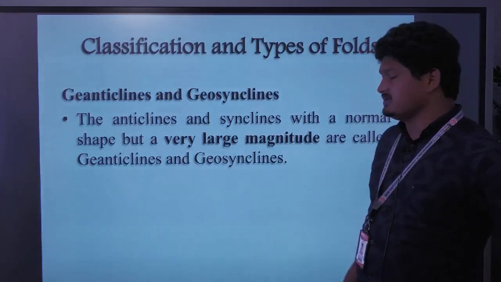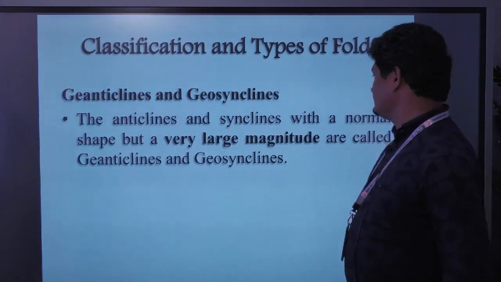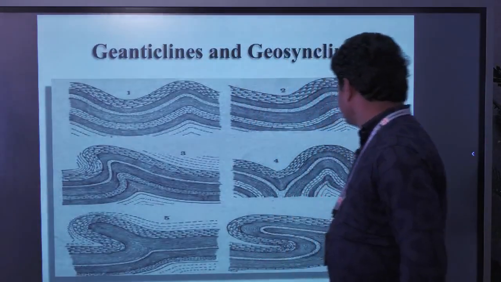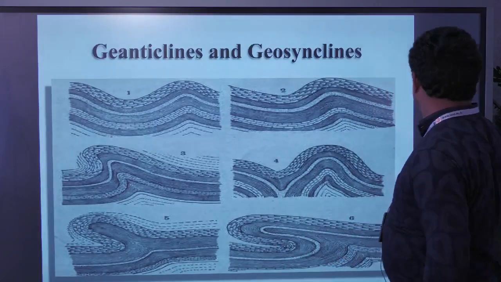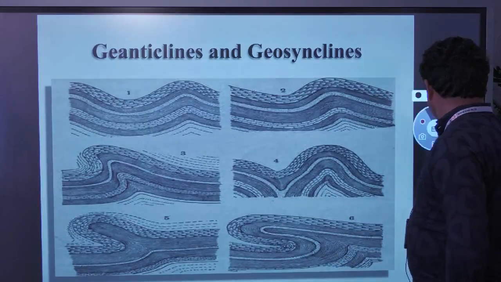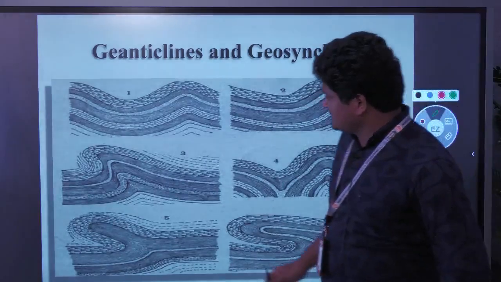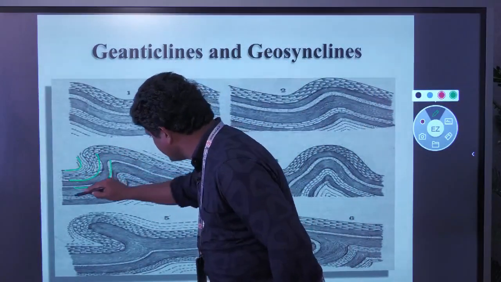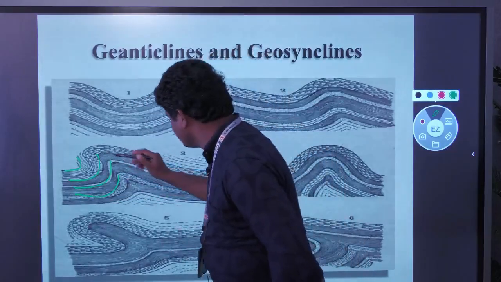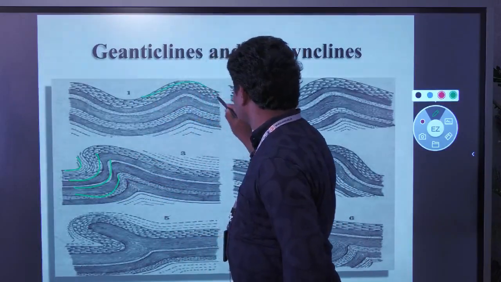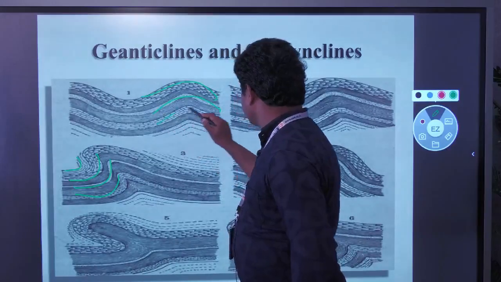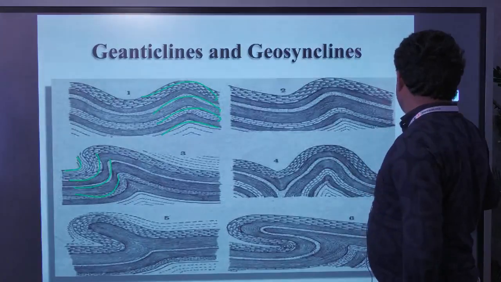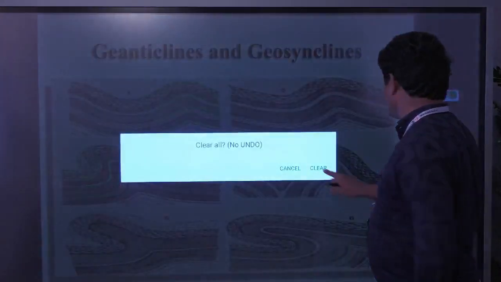These are of very large magnitude, so they are called gentle anticlines and gentle synclines.